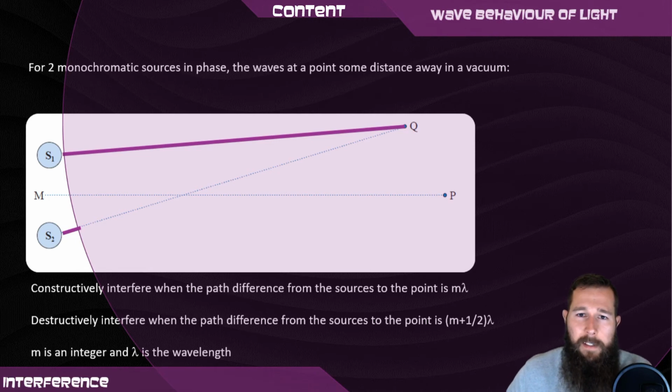It might be easier to see here. So when that little bit of distance here is now half a wavelength, a crest from S1 will meet a trough from S2 at Q, meaning there will be destructive interference at that point. So when that distance is a full wavelength or any multiple of, you've got constructive interference. And when it's exactly half a wavelength or an odd multiple of, then you get destructive interference.